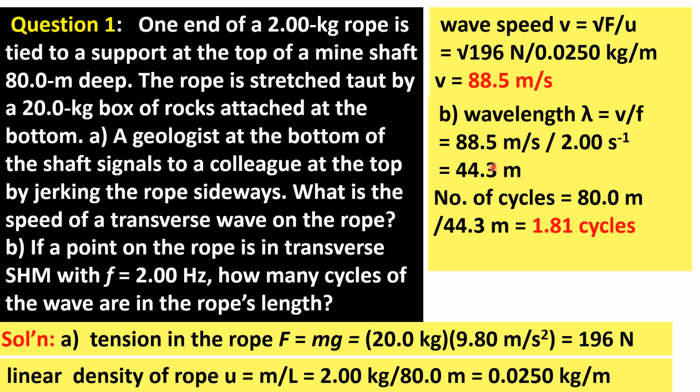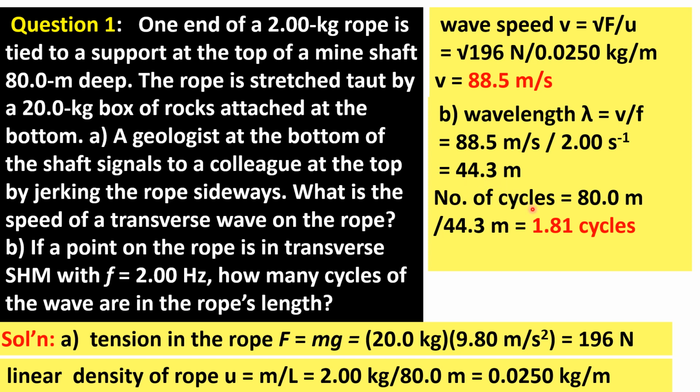So our answer for the wavelength of the transverse wave is equal to 44.3 meters. But since we're talking about the number of cycles, one complete cycle has a wavelength of 44.3 meters.